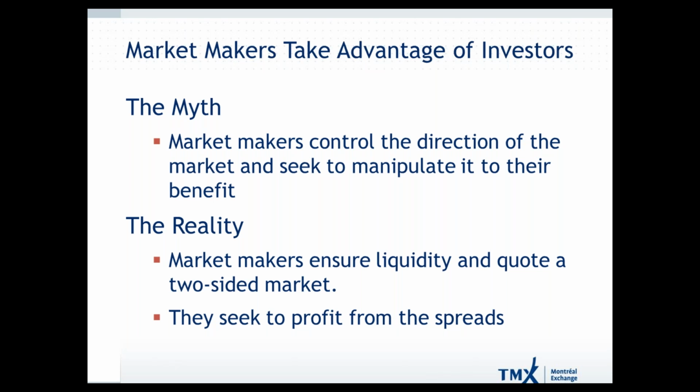So they actually have to be the buyer for every seller, and they have to be the seller for every buyer. So if, let's say, for example, we're entering into a bearish market environment and everybody wants to buy put options, well, that market maker actually has to be the seller of put options, which positions them in a little bit of a precarious situation in the event that the market does indeed sell off.